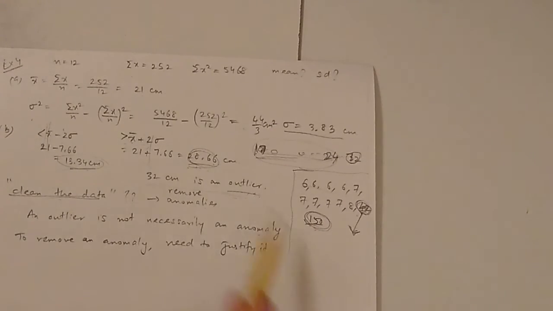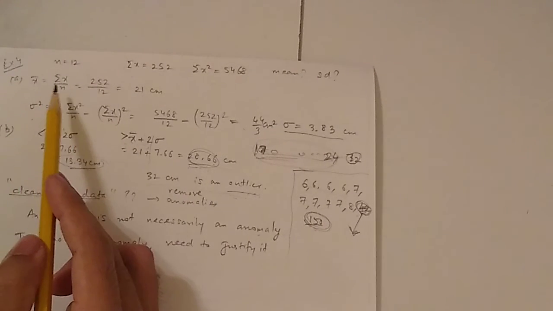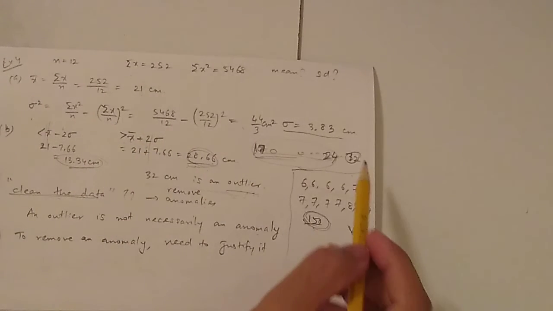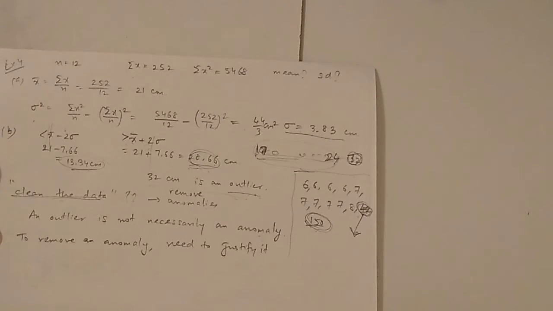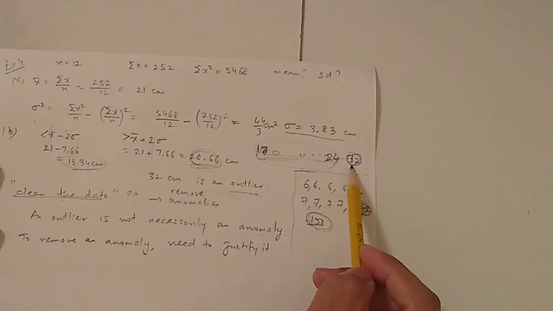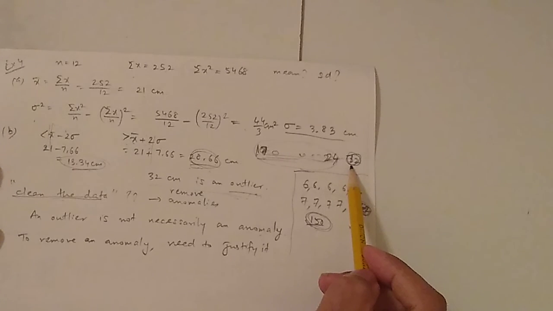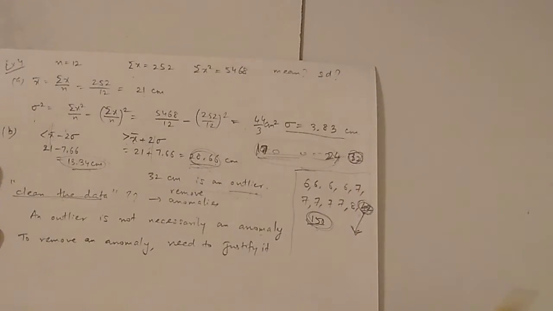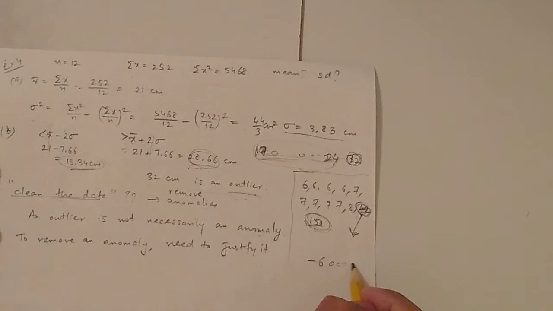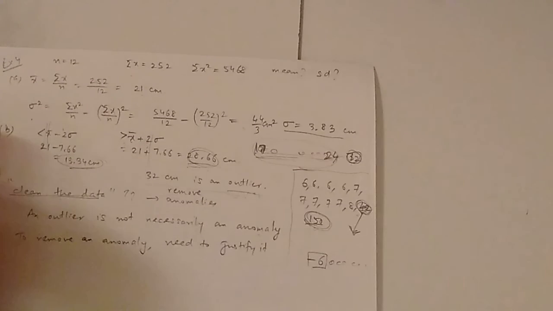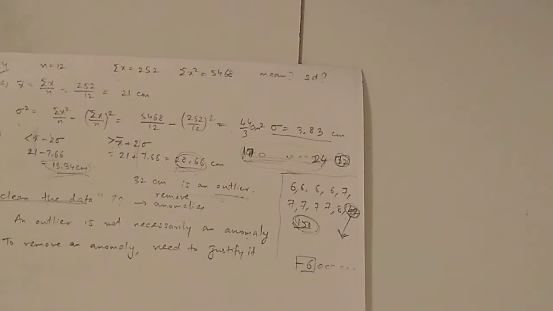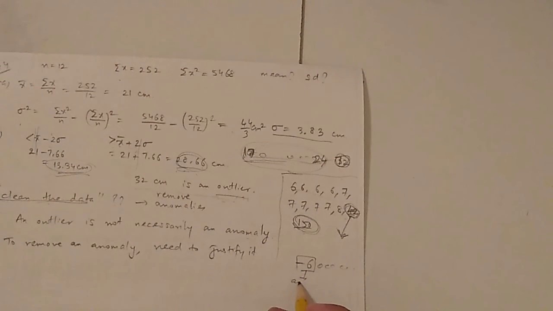Let's say you are talking about lengths, back in example 4 when you had all those lengths. We couldn't remove 32 out of the set of data, because even though 32 is an outlier, we are not sure whether it is impossible for a snail to be 32 centimeters in length. On the other hand, if we had minus 6 centimeters as one of the data points, minus 6 would be an outlier because it is less than 13.4, and it would also be an anomaly.